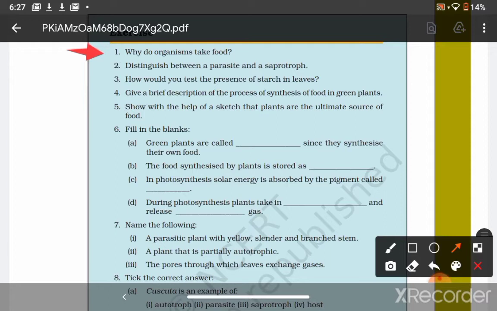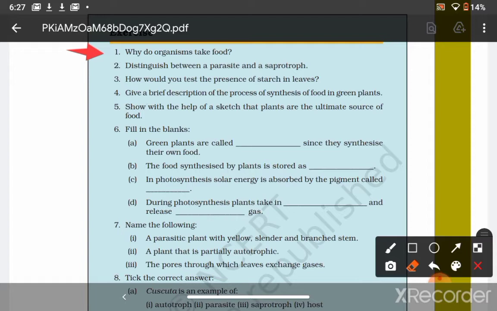Distinguish between a parasite and a saprotroph. So what are parasites? Parasites are the plants which are dependent on their host.